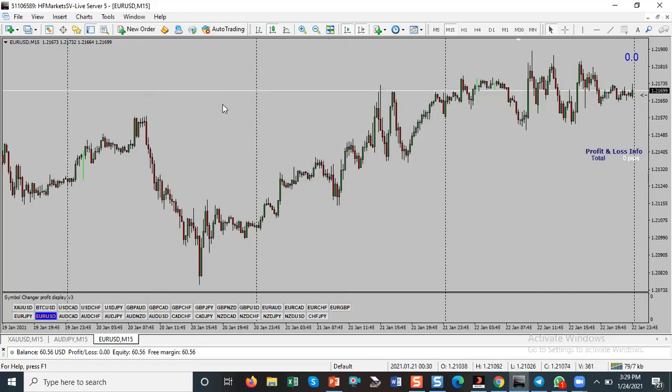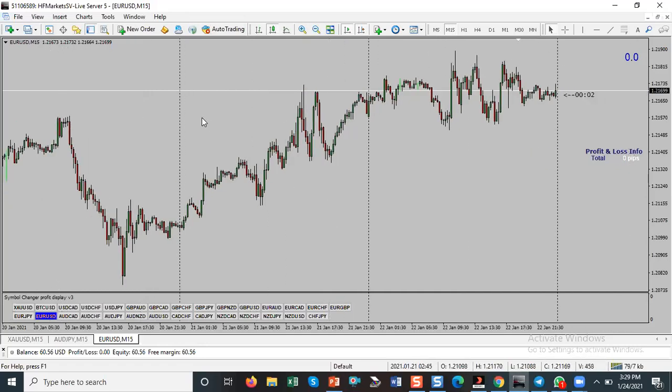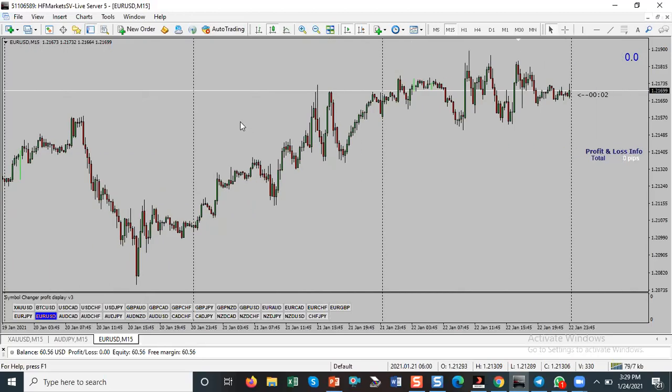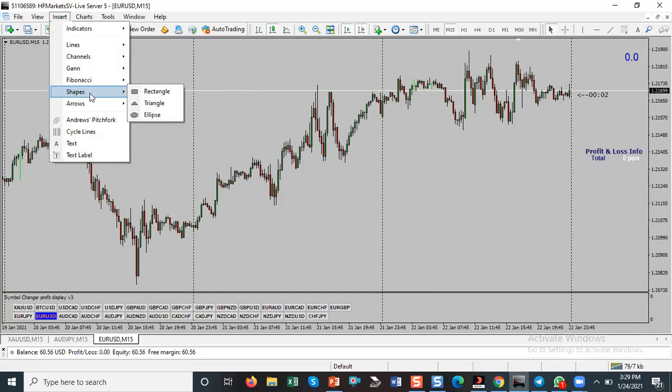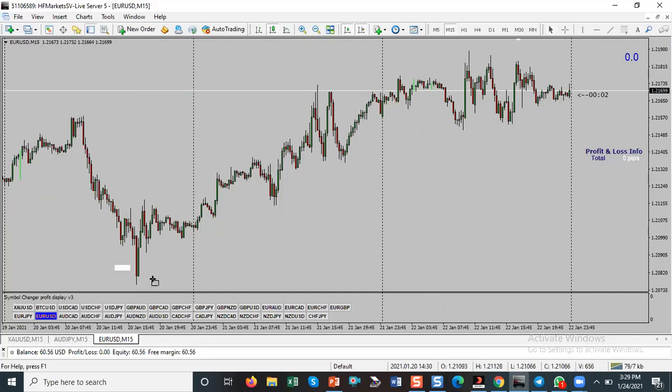So this is EURUSD, M15 time frame. As you can see here, from this point to this point, market was bullish. And if you can see, market was creating higher highs. So let me just mark it out.